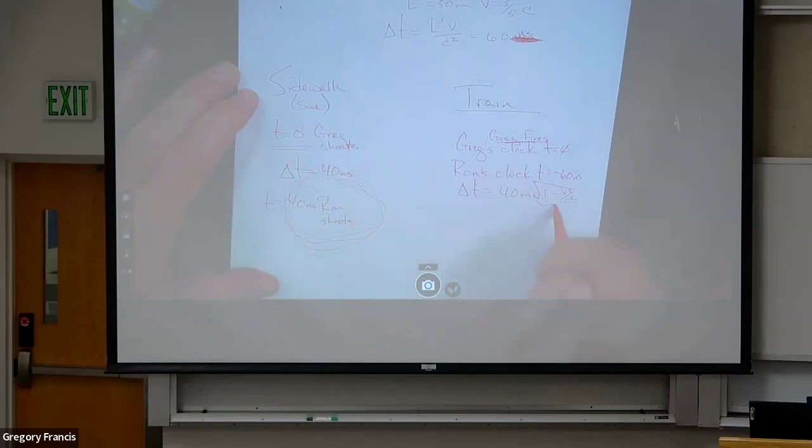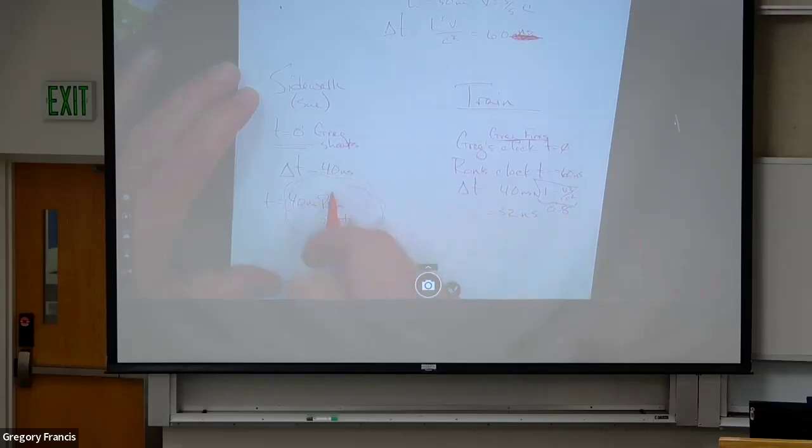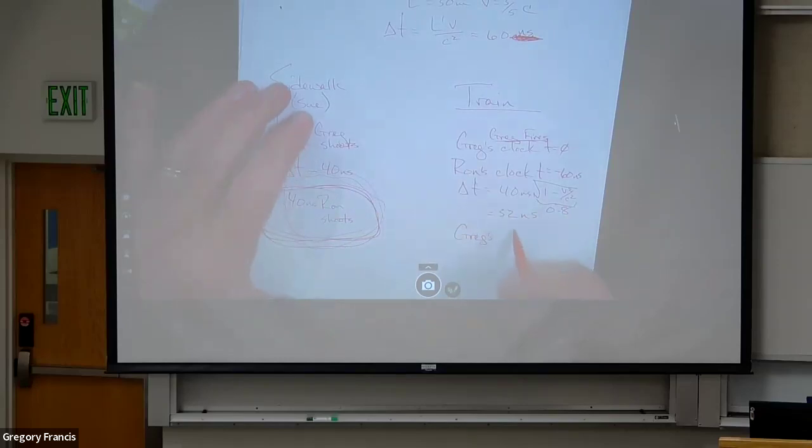But the relativity factor for 3/5 the speed of light is 0.8. And so that's going to be 32 nanoseconds. And so when she looks again at her clock being 40 nanoseconds, Greg's clock is going to have advanced 32 nanoseconds. So his clock is going to read 32 nanoseconds.